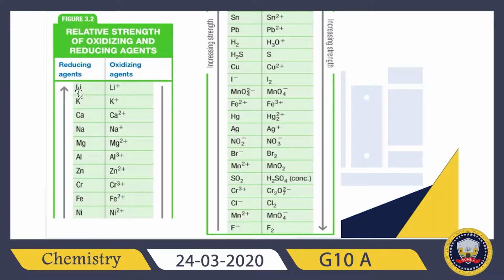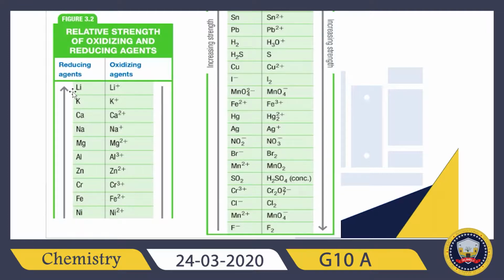You should know. The lithium. It is the strongest reducing agent. The oxidation process happens on it, it is very reactive, the strongest in the reactivity series here, lithium.